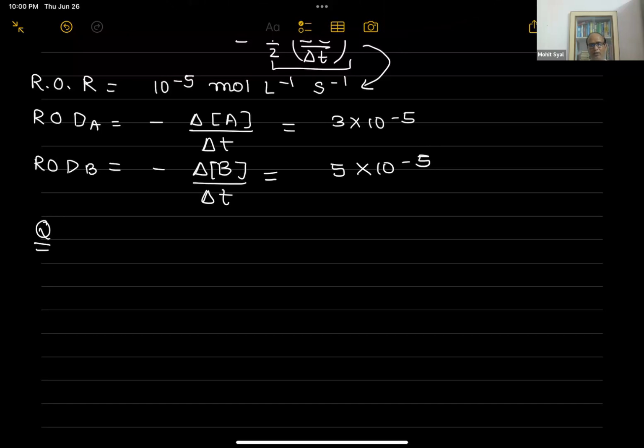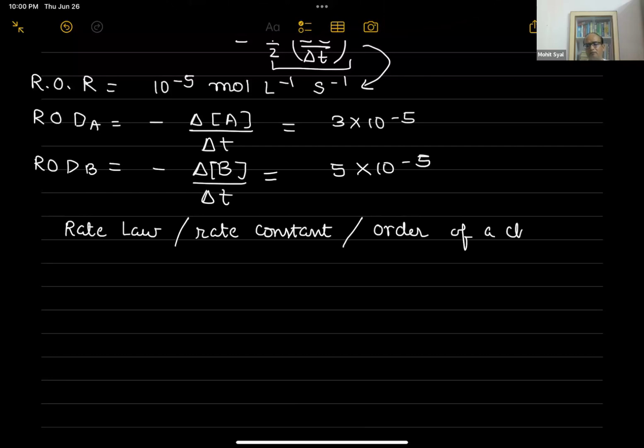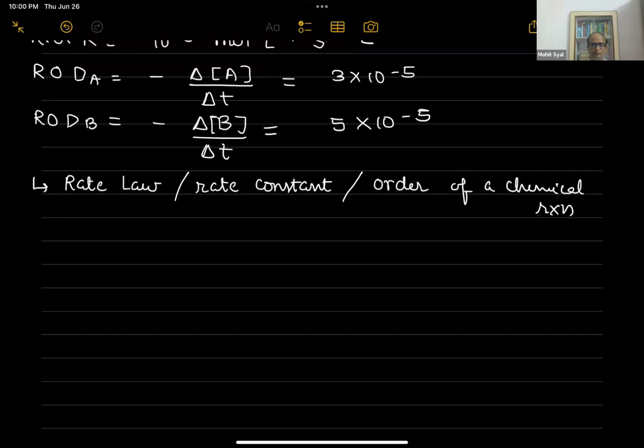Now we will move on to questions related to the order of a chemical reaction: rate law, rate constant, and order of a chemical reaction. Got it?